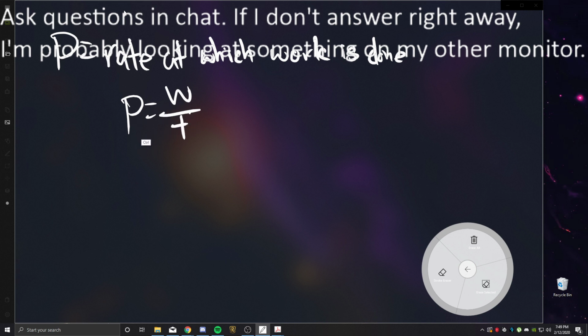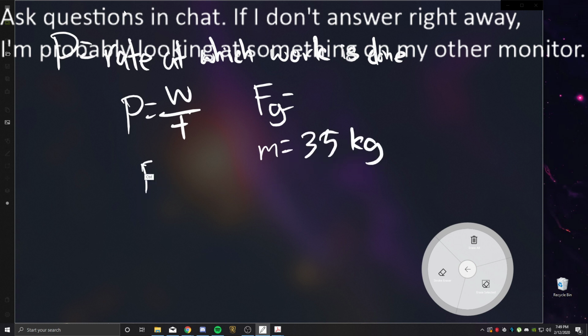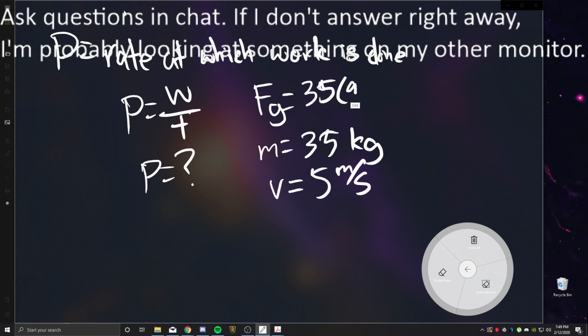And that's my power. So we know my force due to gravity is something. We're not given our force due to gravity, we're given our mass, right? We're given a mass and we want to find power. And we know that my speed is 5 meters per second. And my force due to gravity is 35 times 9.8, right?